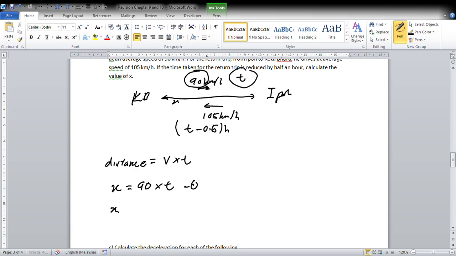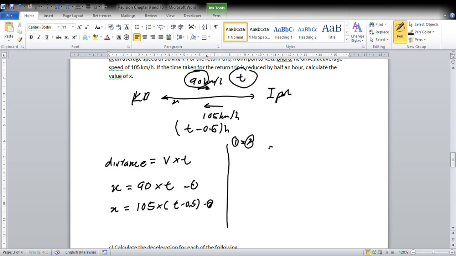Based on these equations, you will be able to find the value of t and also x later. We make a relation between these two equations, because they have the same x.